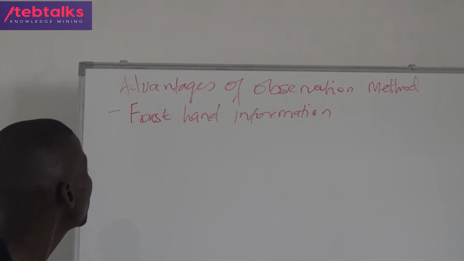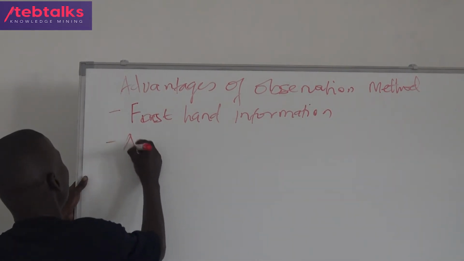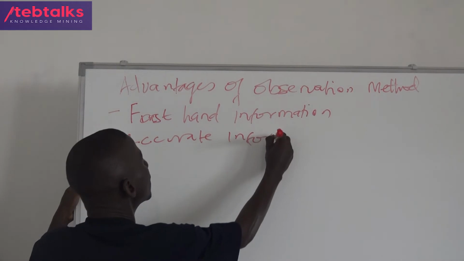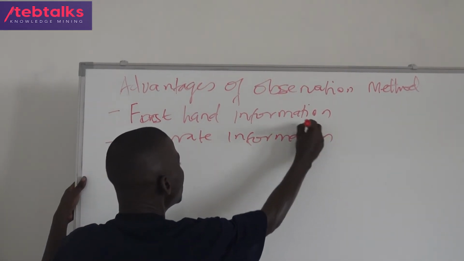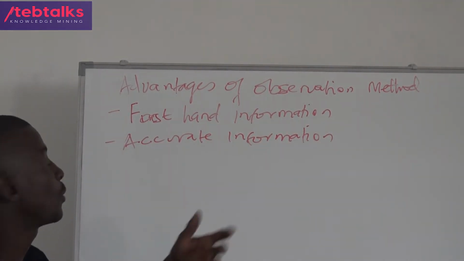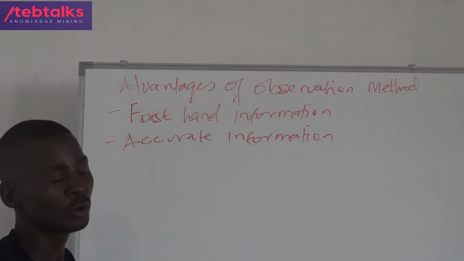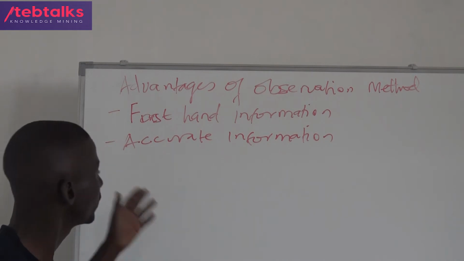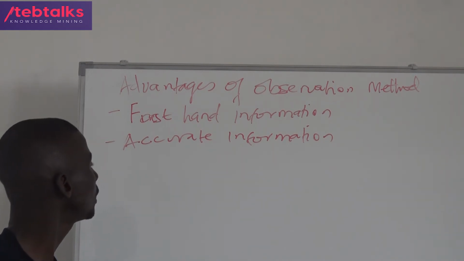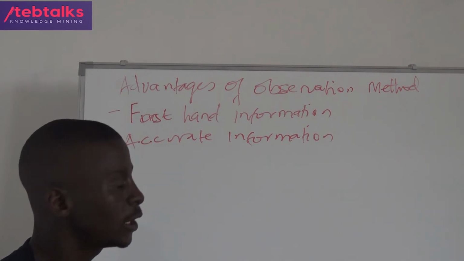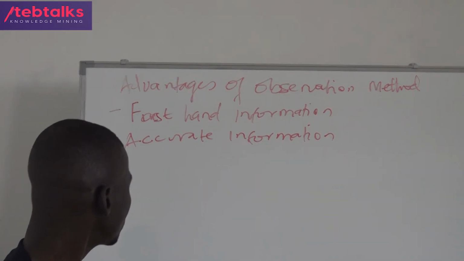And even the information you get is accurate. It is not like other methods where you ask and you are told. Somebody may end up even giving you wrong information. But with observation, you clearly see with your own naked eyes.